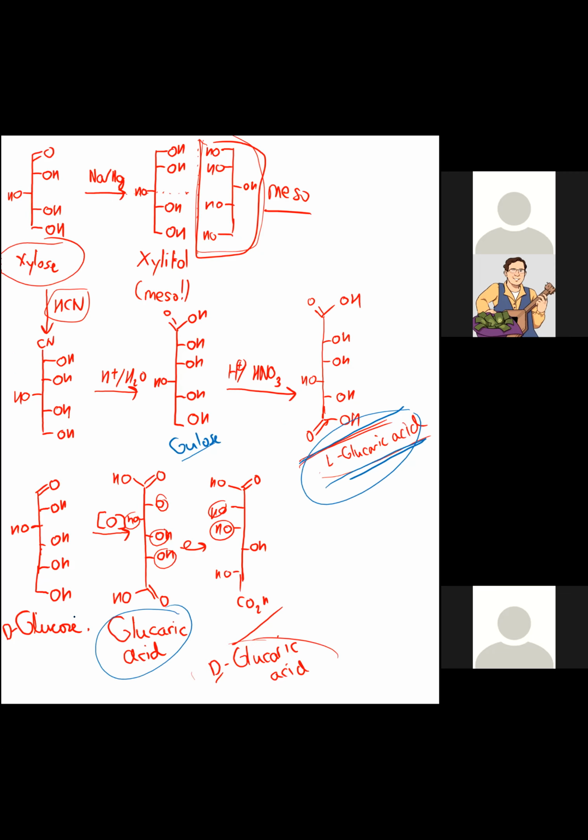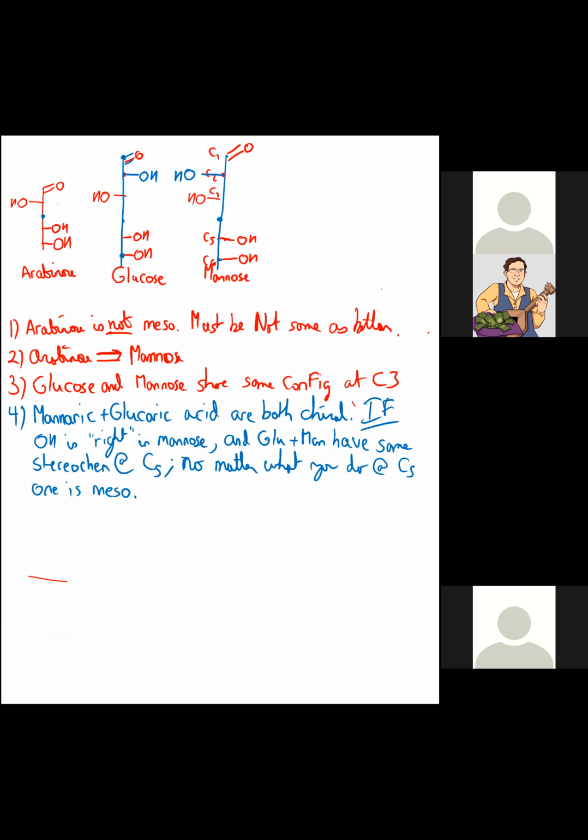And I always do this wrong. Yes, because that's why I'm confusing myself, because there's a little nubbin at the end there and I'm driving myself nuts. And the only way that's possible, that you have the enantiomer of that, is if that one's to the right, which means that the mannose has to be 2.